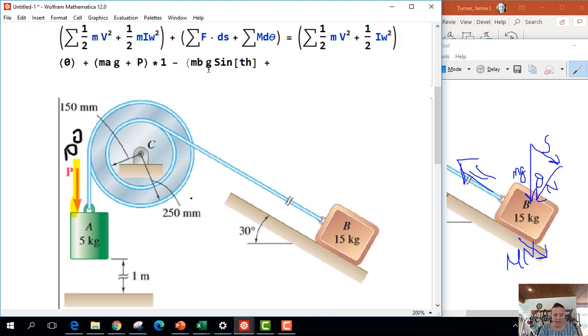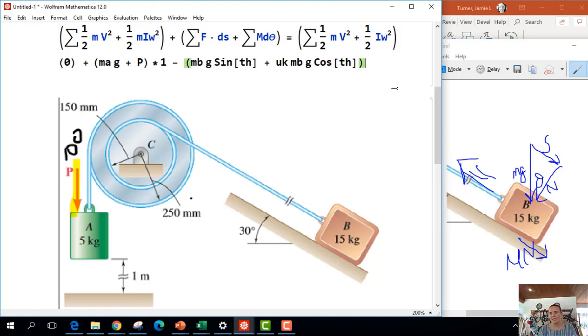I also have the kinetic friction coefficient, since it's sliding, so this will be kinetic. And then the normal force here, if you look at that free body diagram, is the cosine theta chunk of the weight. I'm putting these in parentheses because both of these forces are slowing it down, so I have a negative sign in front.